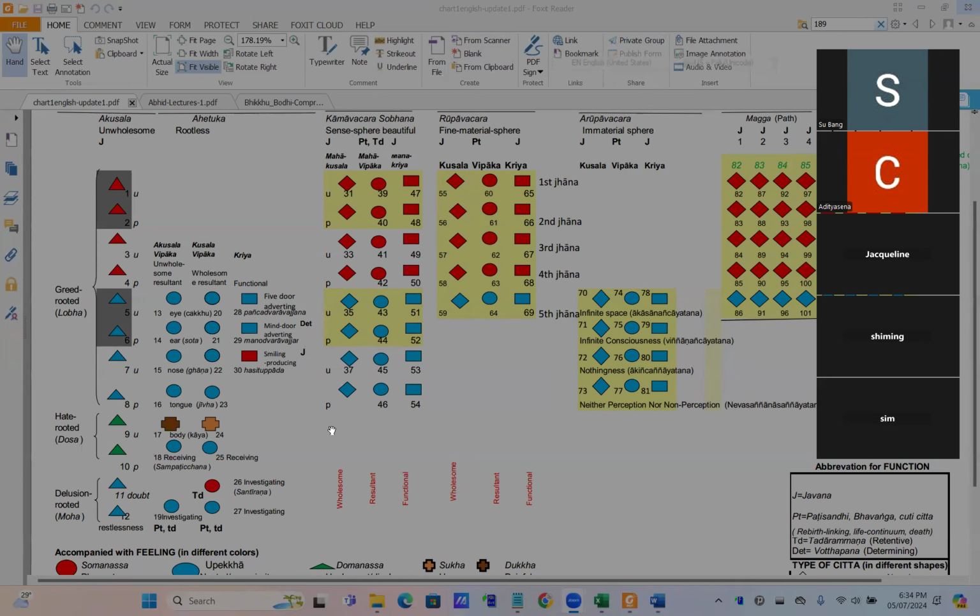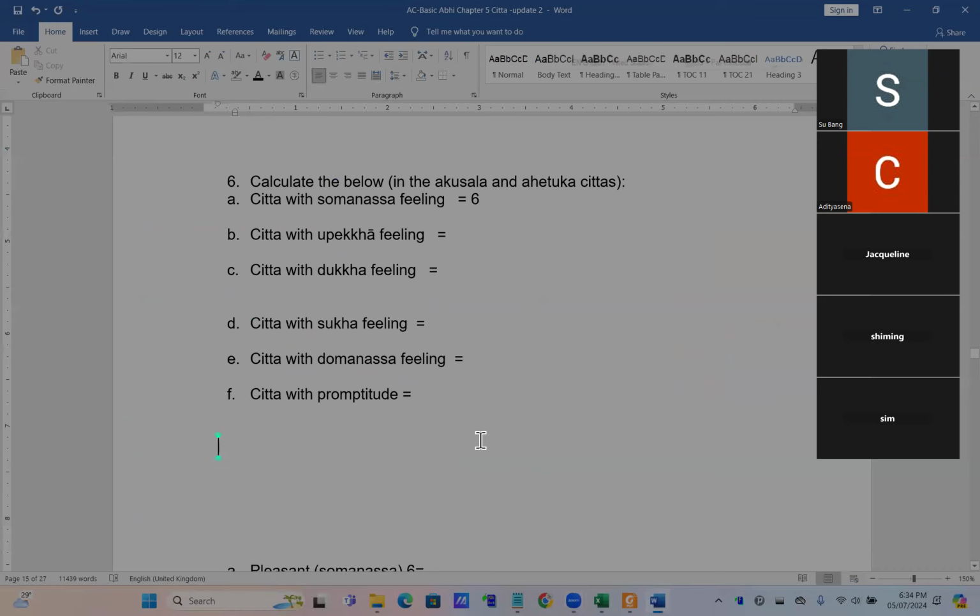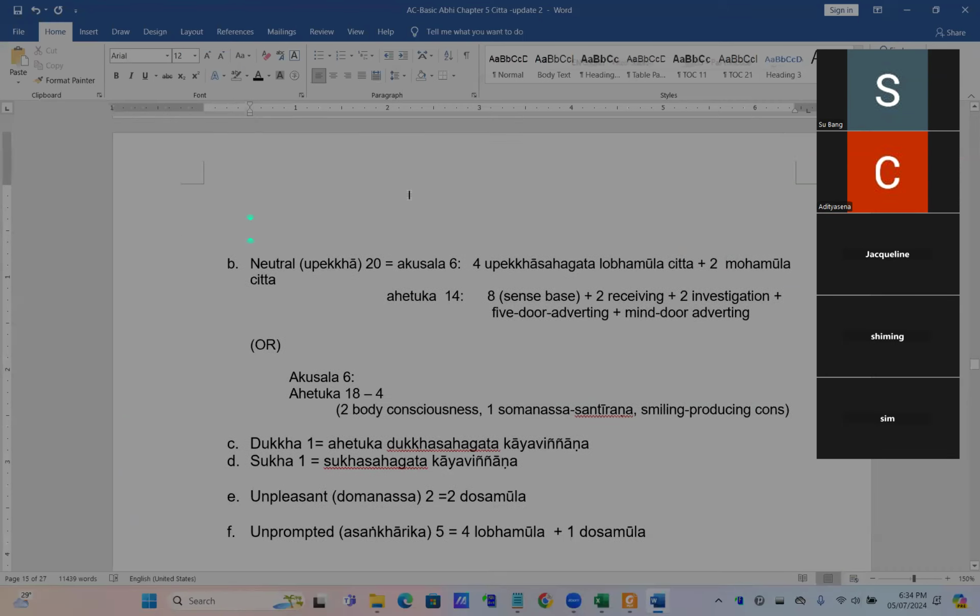So how many totally here? 20. Here is 6, Akusala is 6, and then Ahituka is how many? 8. Ahituka will be 14. So actually total will be 20, right? Yes, 20.